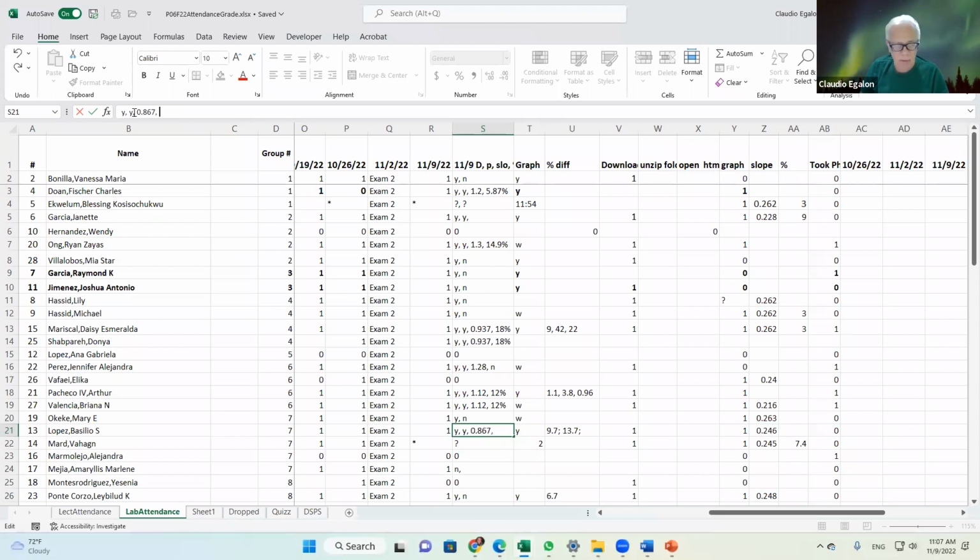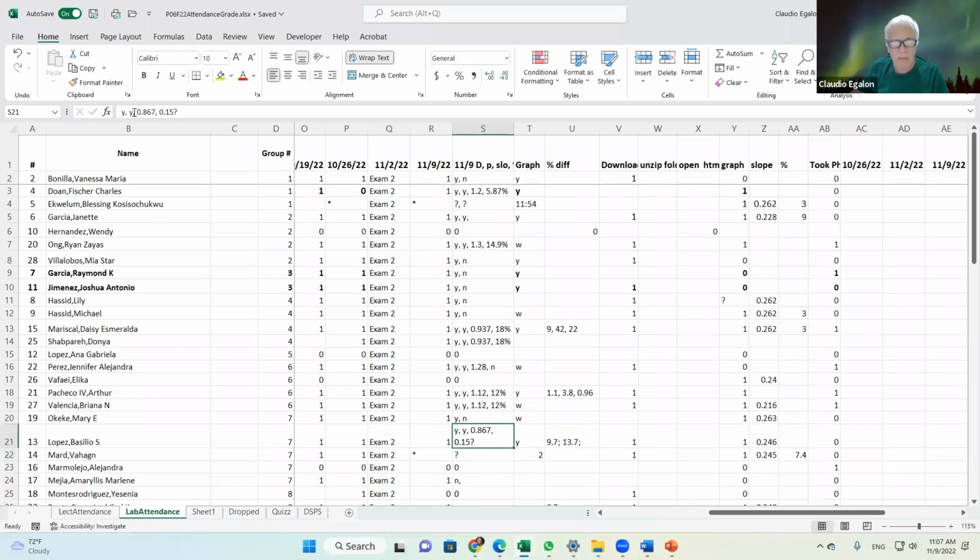But what's the percentage difference you're getting? Let's see what's the percentage difference first. That's not the percentage difference. Is that 0.15% difference? That doesn't sound like the right percentage difference.